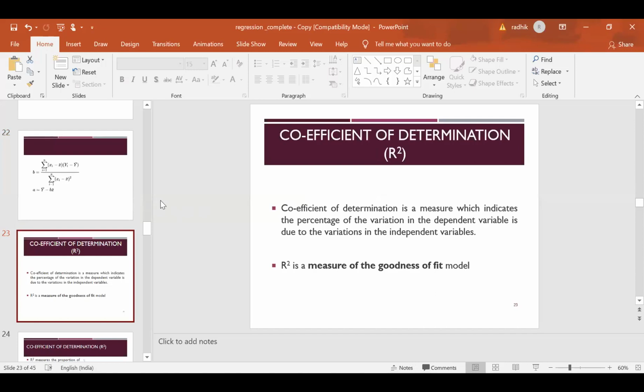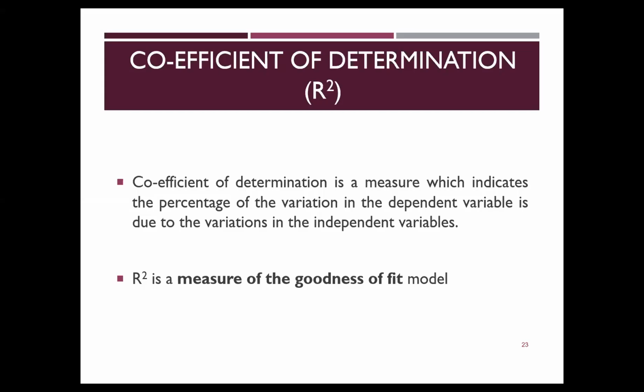The capital R square is called the coefficient of determination. This is calculated for a regression. R square is a measure of goodness of fit that will tell you the percentage of variation in the dependent variable that is due to the variation in the independent variable. That means how much variation in your dependent variable can be explained by your independent variable.